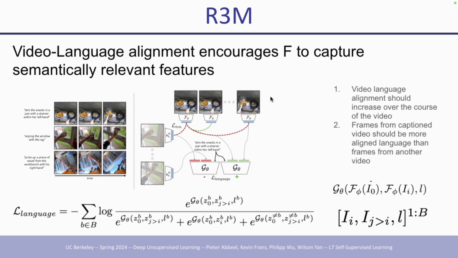The other one is to have video language alignment. These videos are annotated with the language of what is happening in that video segment. The intuition here is we want the alignment to increase over the course of the video. If we're doing some action, hopefully that language annotation should be more accurate the further we get into the video.